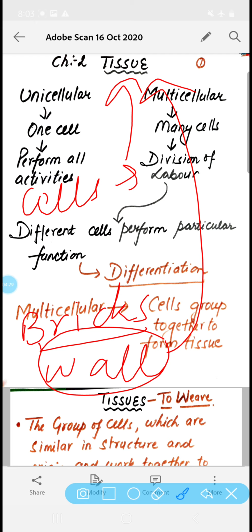In the same way, in our body, the different cells are grouped together to form an organized body called tissue. I hope the relation is clear to you. Now we will move on to the definition of tissue.